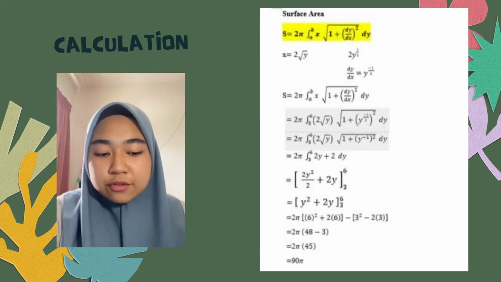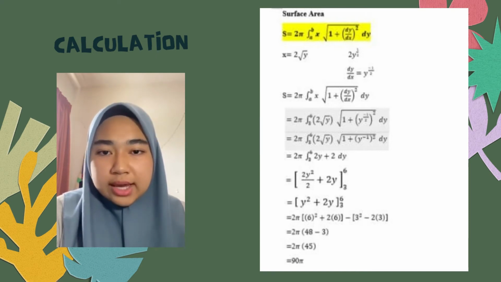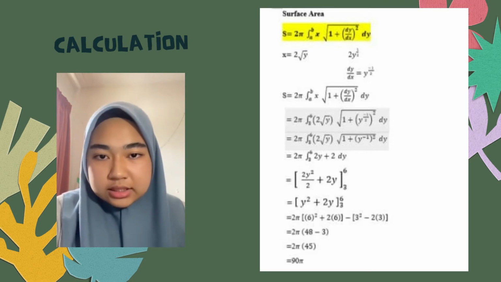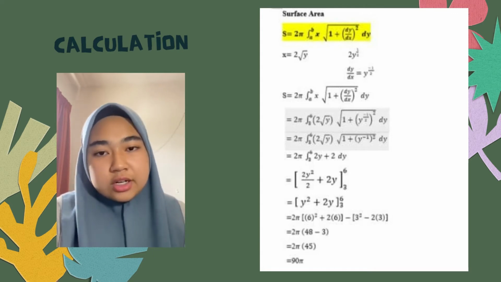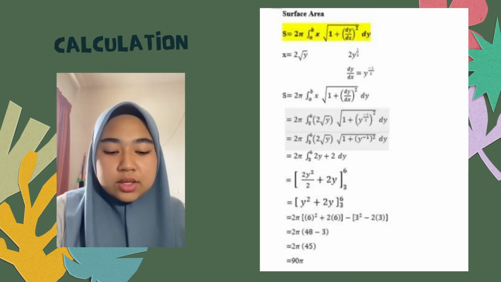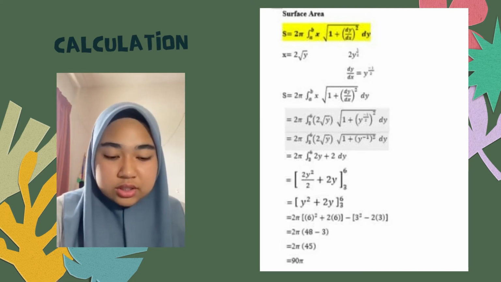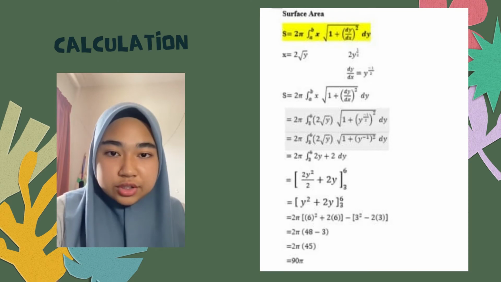Because whenever you have to calculate something about the y-axis, you have to integrate x. You cannot integrate y because we have to calculate about the y-axis. So that's why firstly you have to find the x equation from the y equation. Like my group, we get the x equation for this question is x is equal to 2 square root of y. So from the x equation, next we have to differentiate the x equation.